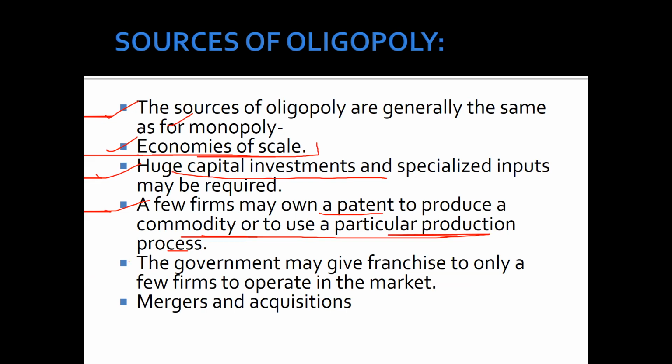And government may give a franchise to only a few firms to operate in the market. Yes, of course, because not everybody is able to start their firm, as they have not got the license. They would like to produce these four-wheelers in the market, but they are not able to, just because they do not have the license.